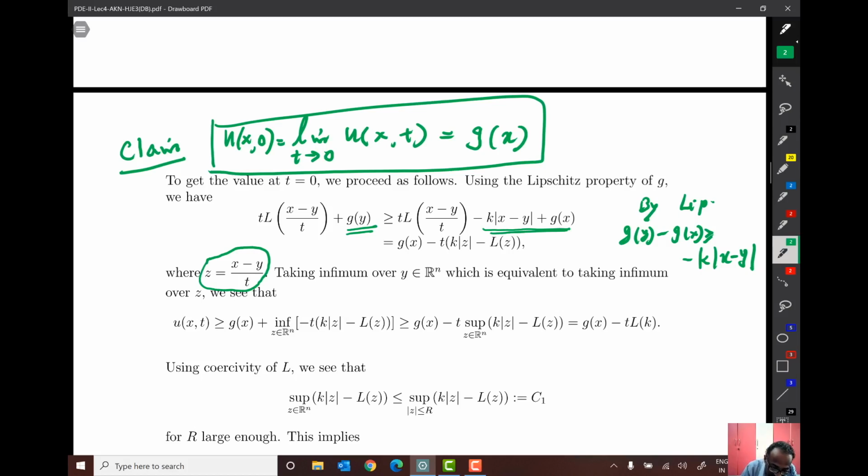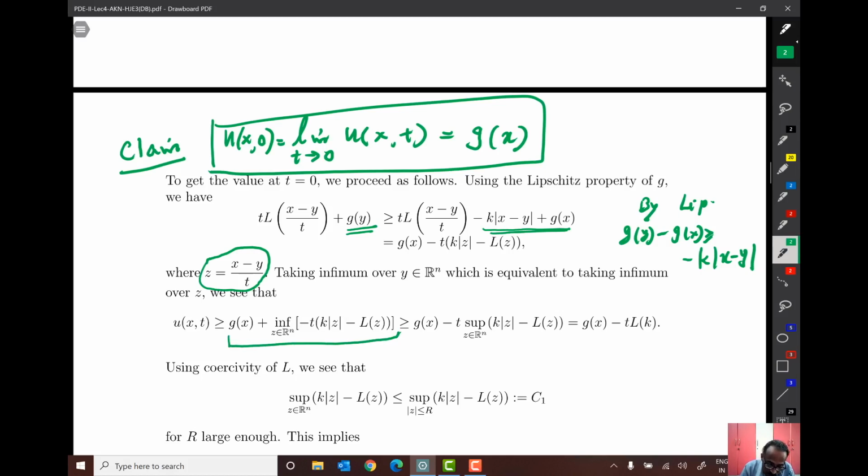So if I minimize here with respect to y, I get my g(x), and if I write the minimization, I get this term. So this is greater than or equal to u(x,t), which is greater than or equal to g(x) plus, whether you minimize over y or over z is the same, because x and t are fixed now. I am not varying that.